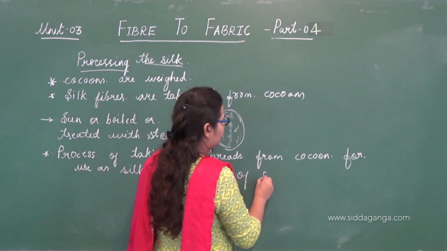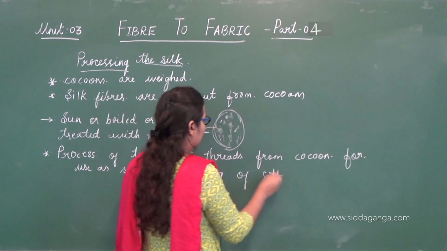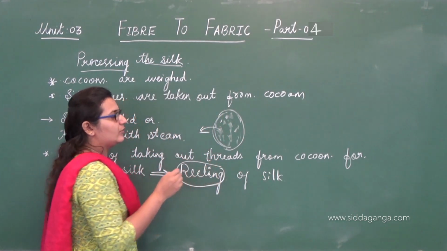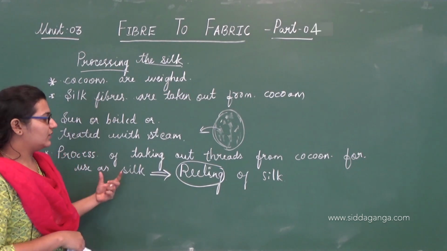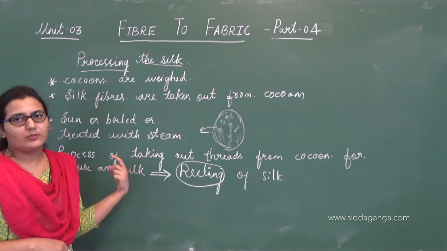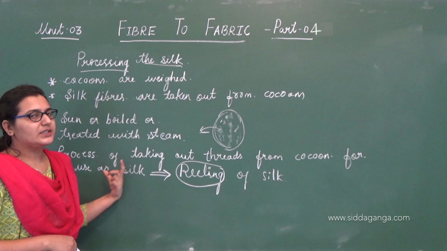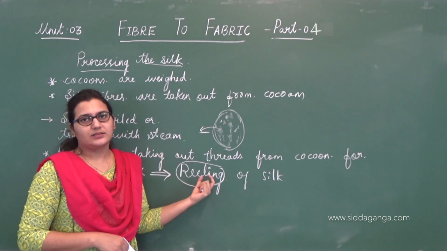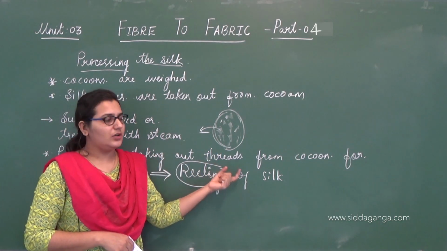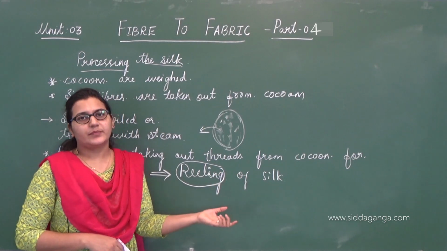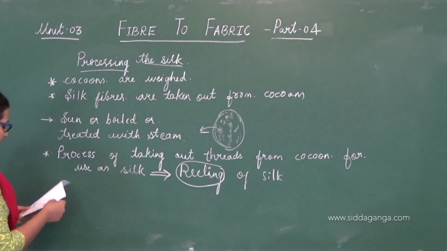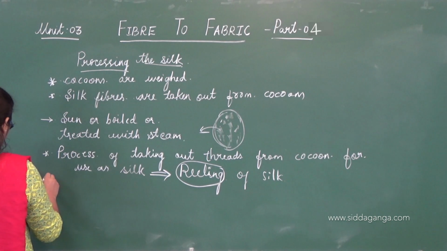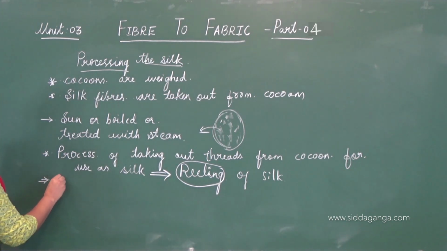So what is this reeling of silk? It is the process of taking out the threads from the cocoon for using it again as silk. That process is called reeling of silk, and this can be done using machines.